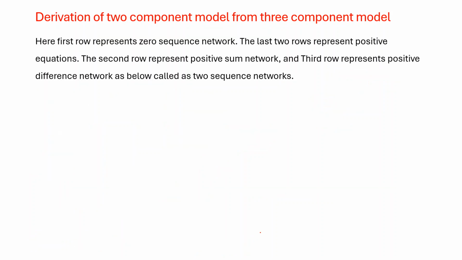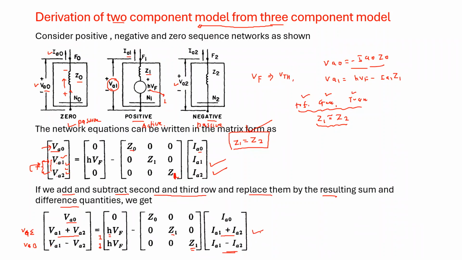Now let us move on. Here you can see something very important. The second equation is actually the positive sequence network and it is active. Now here also we are getting a positive sequence network and it is active.